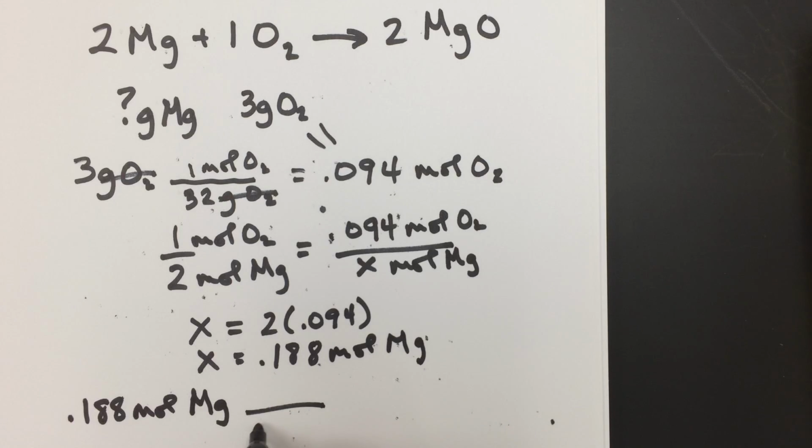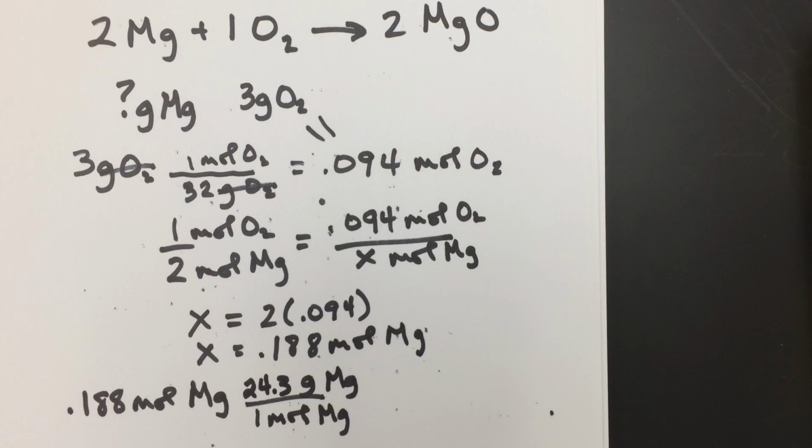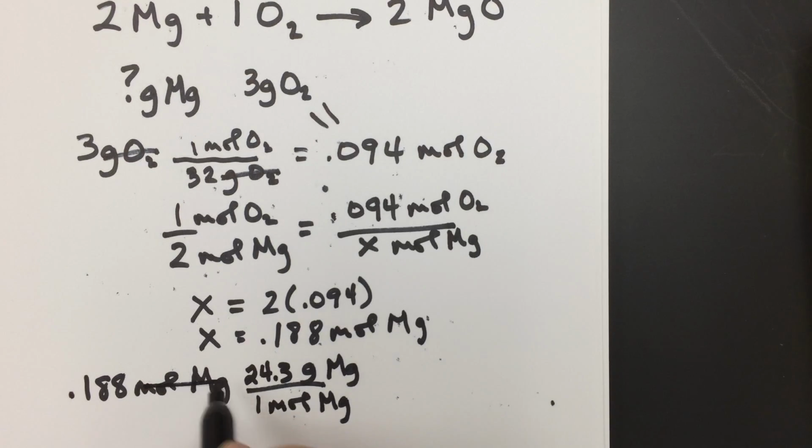I'm trying to get to grams, so I'm going to have 1 mole, it's always 1 mole. 1 mole of magnesium, and then here's grams of magnesium. It's 24.3 on the periodic table. And since it's just 1 magnesium, I don't have to do any arithmetic to it. 24.3 grams of magnesium in every mole. So moles will cancel with moles, and now when I multiply, I will be in grams.